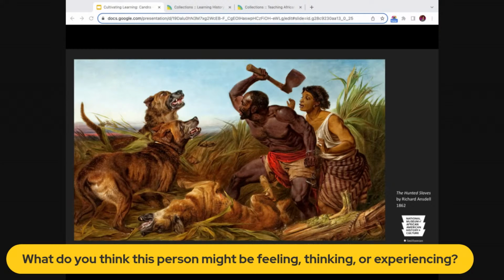Alice also puts in determination. Dog Diva is saying that the female figure appears to feel desperate. The man with the axe is determination to be free. Right.